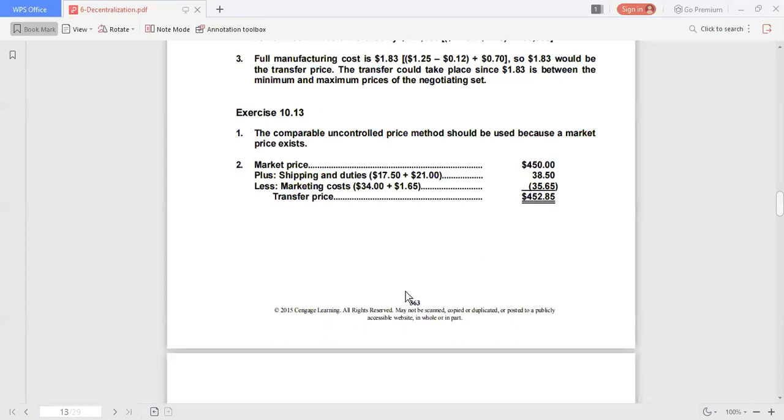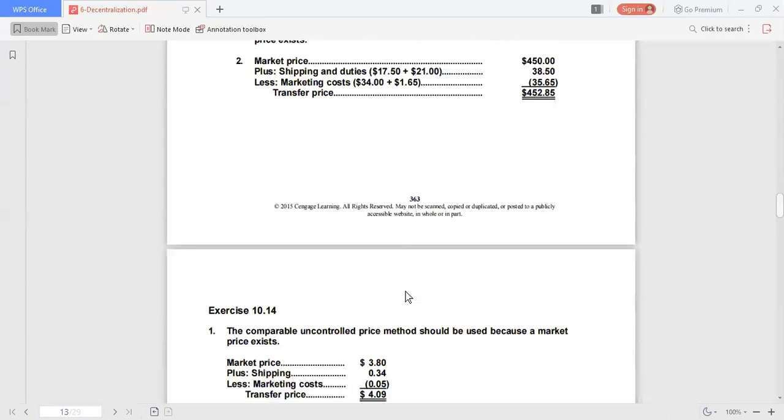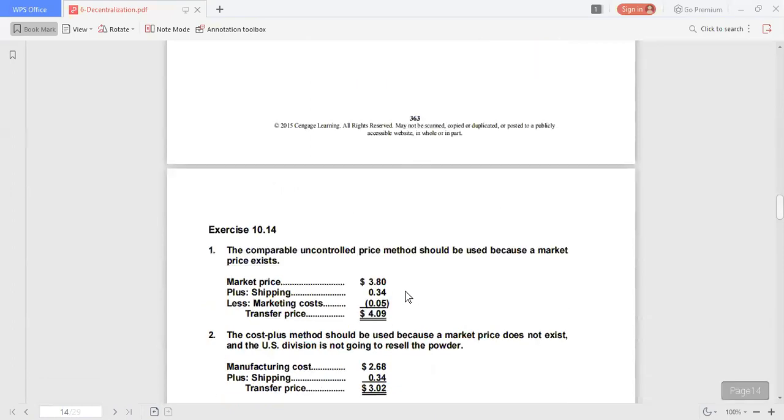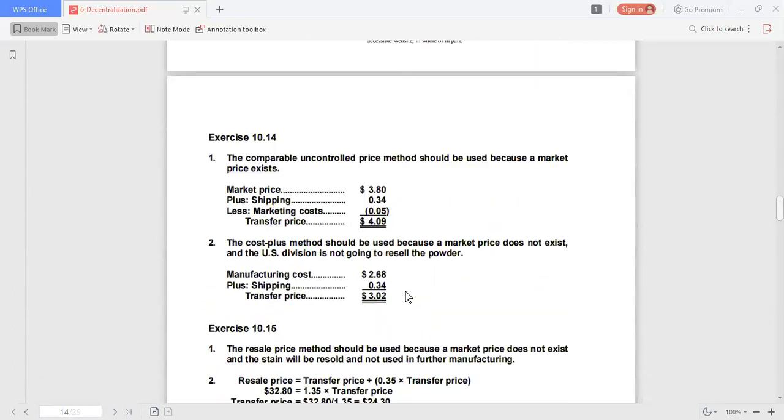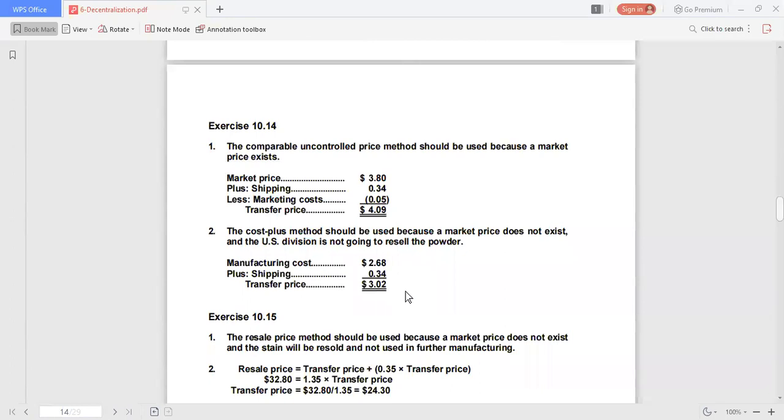Next, we have number 15. Number 15 is still transfer pricing and section 482.